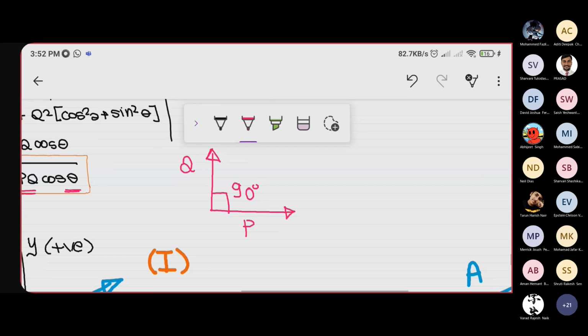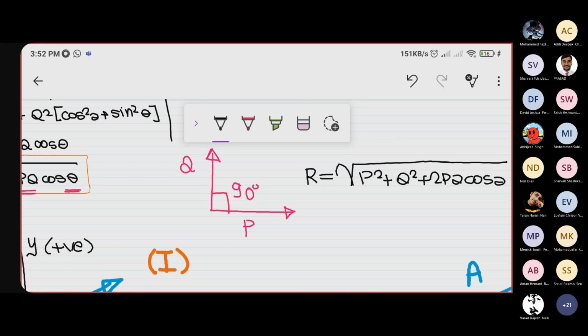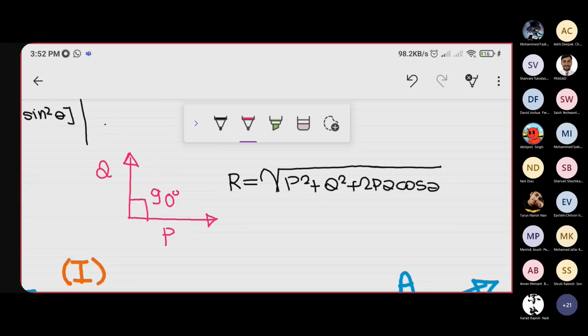Okay. Now we will use our formula. Resultant is equal to the square root of, what is that? P square plus Q square plus 2PQ cos theta. And what is cos 90? 0. Okay.